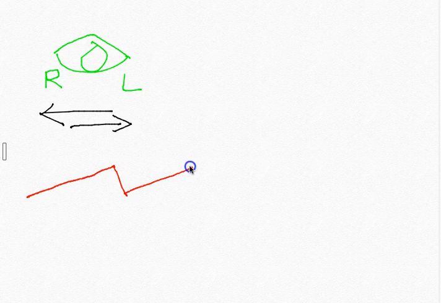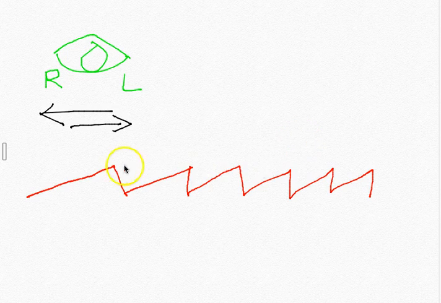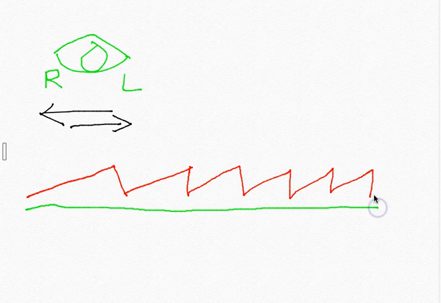So slow towards the right and fast towards the left. This is how a left beating nystagmus will look when we look at the horizontal tracing. A pure horizontal left beating nystagmus will not show any consistent pattern on the vertical tracing, and the vertical tracing will look more or less flat.